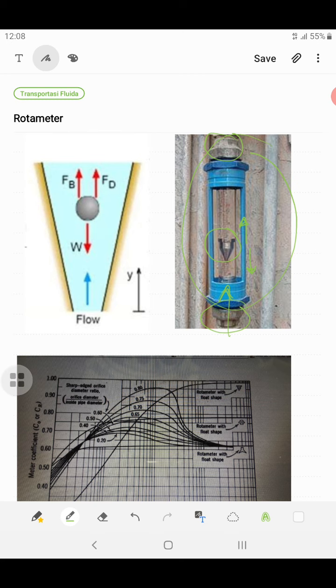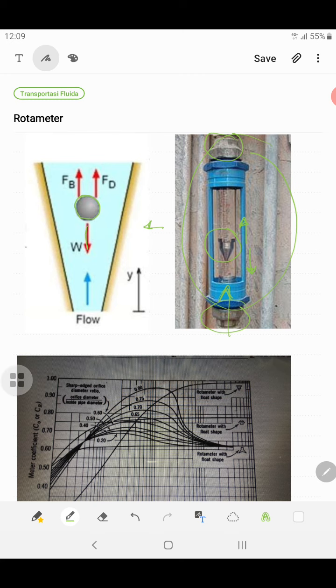And on the left side, you can see the schematic diagram of the metering float, since we are going to derive the equation to calculate the velocity of the flow of the liquid. If this is assumed to be the metering float, there will be three forces.